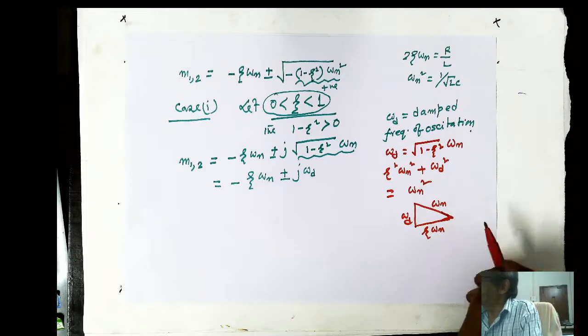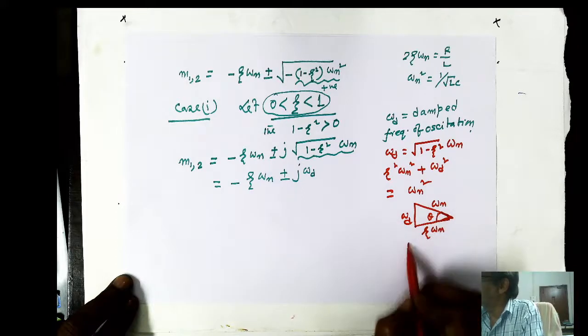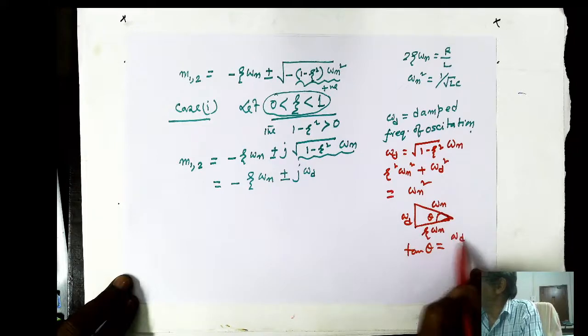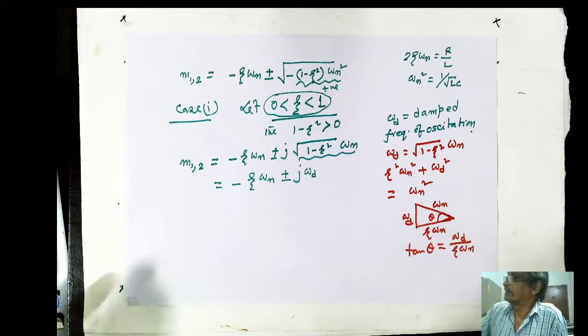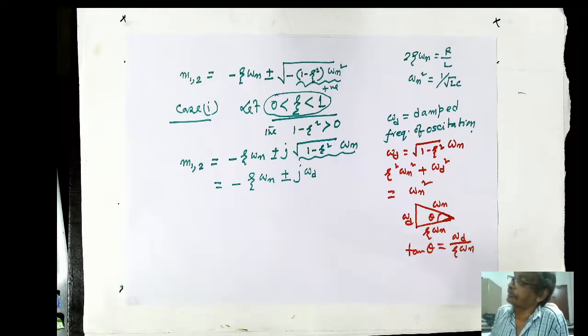And you define this angle to be theta, and tan theta, this acute angle, will be equal to omega d by zeta omega n. To simplify maths this way, you can remember. So these are the two roots.